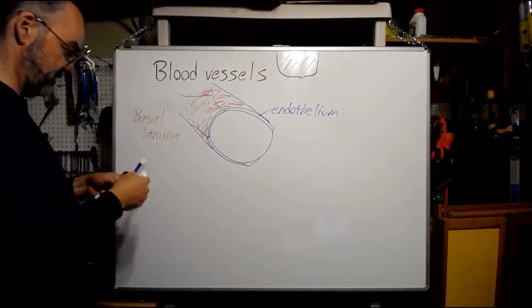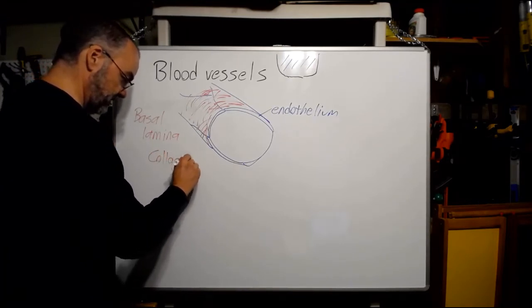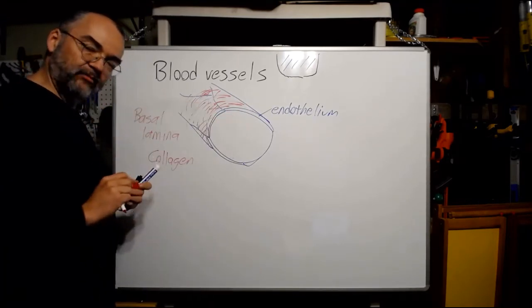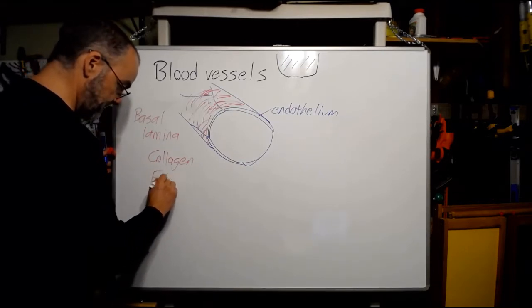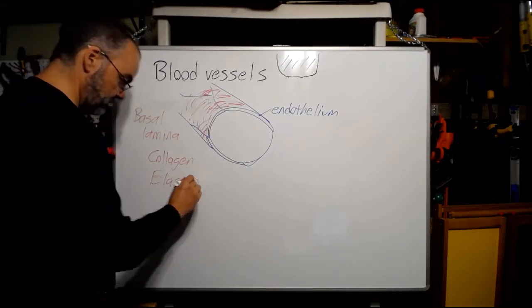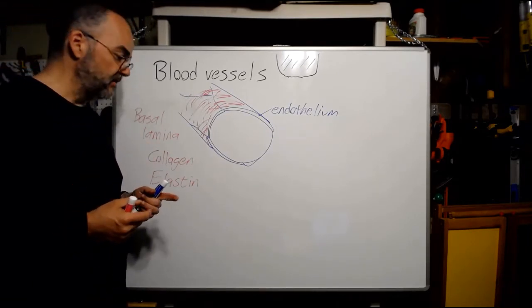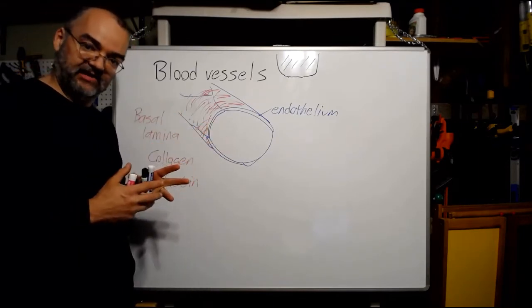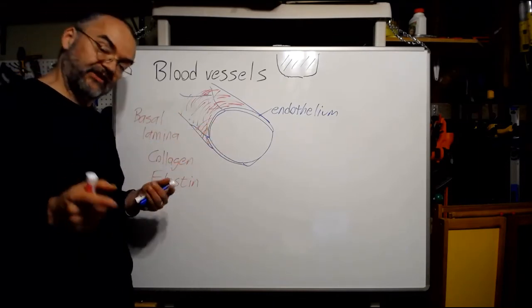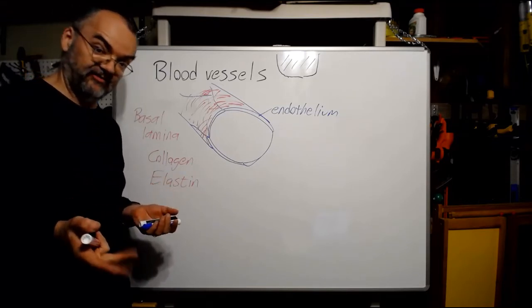Basal lamina consists mostly of collagen, which is a kind of fibrous protein, and some level of elastin, which is a stretchy protein, sort of like rubber. The more elastin you have, the springier the membrane is, the more easily it will stretch out. Some vessels, like arteries, have a great deal of elastin. Some, like venules, have very little.